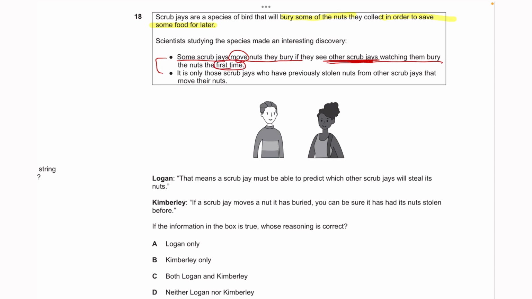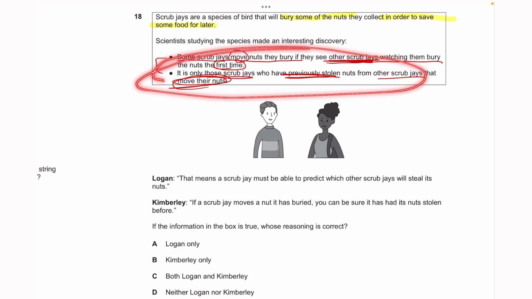Okay, now it is only, and point number 2 was, those scrub jays who have previously stolen nuts, so not getting experience of their nuts being stolen, but who have previously stolen nuts from other scrub jays that move their nuts. Okay, so it's a matter of really understanding this, because this is the confusing part.